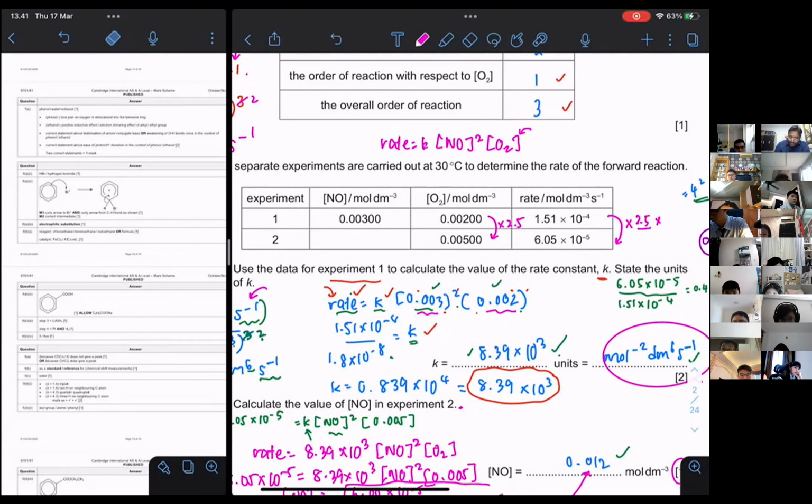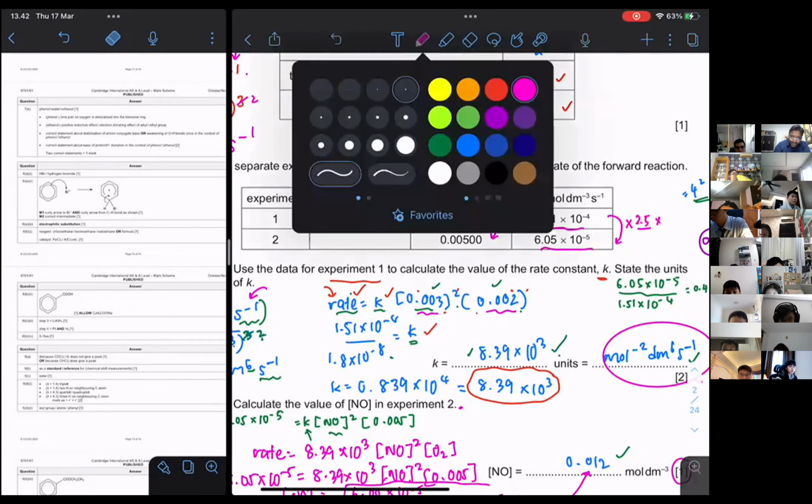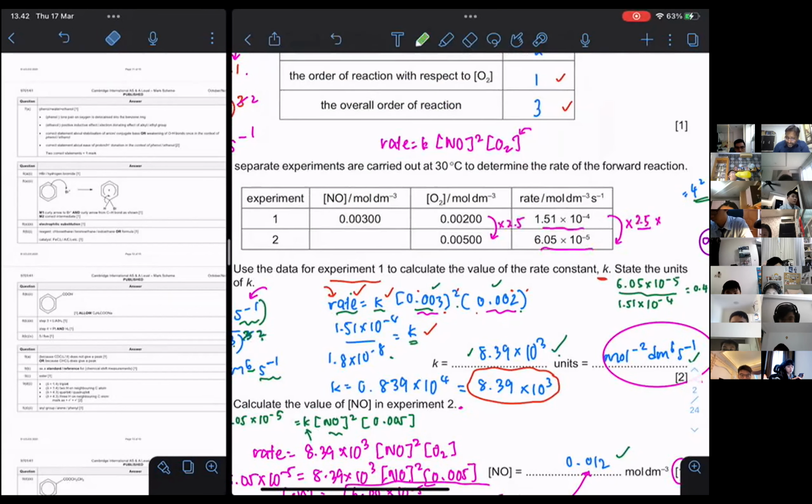From this value to get this value, from here to here, this should be times by how many? So in order to calculate that, 6.05 times 10 to the power negative 5 divided by 1.51 times 10 to the power negative 4, 0.4. Good. Now, it means 0.4.